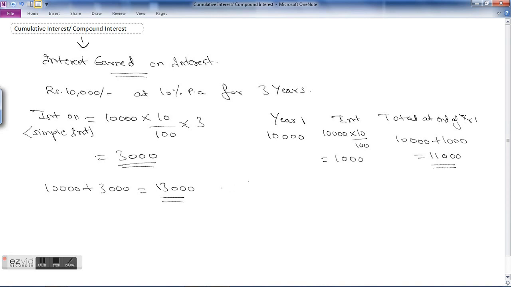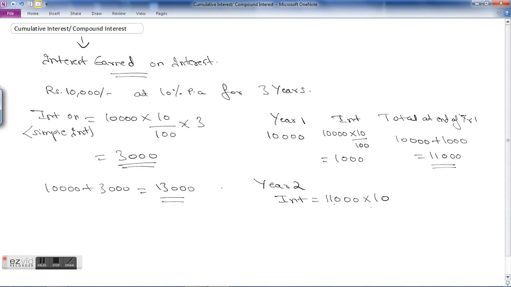Now in year 2, what is the amount of interest earned? The interest earned will be on rupees 11,000. Cumulative interest means you are earning interest not only on the principal amount but also on the interest amount of 1,000. That's why in year 2 the amount on which the interest will be earned is 11,000, that is 10,000 principal amount and 1,000 interest for year 1.